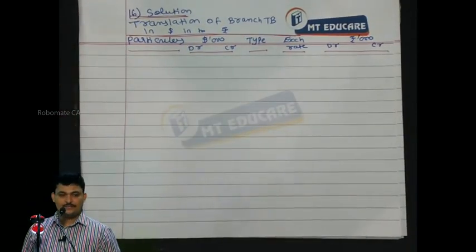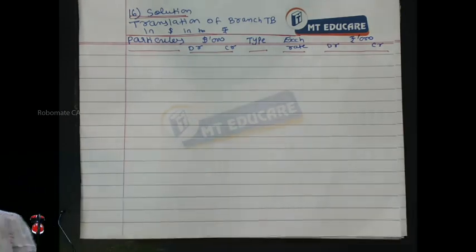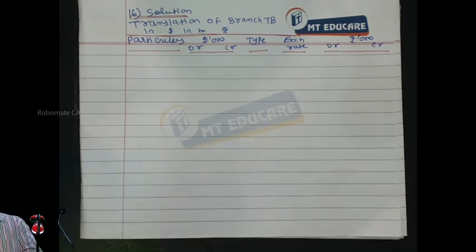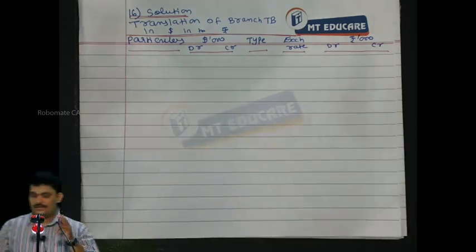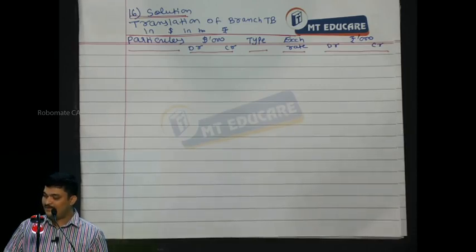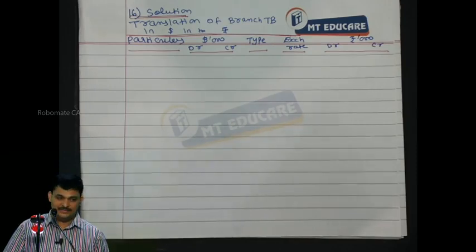Please copy the branch trial balance. Share capital we have only in the Chennai office, which is already in rupees. Reserves and surplus, land, building depreciation reserve: up to that, we don't have anything in the Sydney branch.